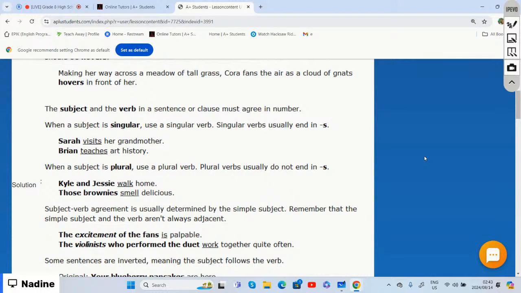And the next one says Brian teaches art history. And as you can see, teach, we added an ES. So Brian is one person, he teaches, which means that we added the ES to show the singular verb.